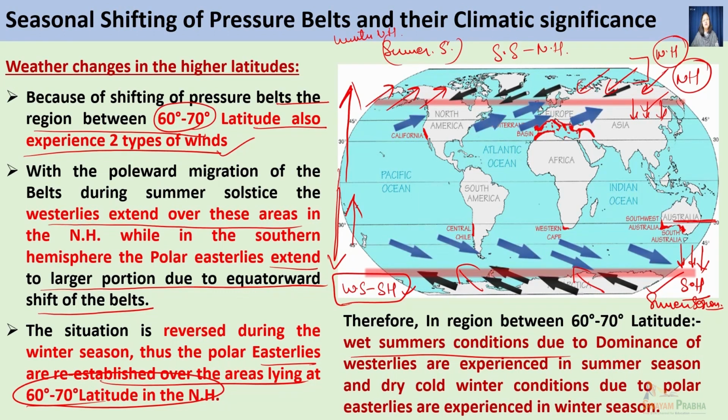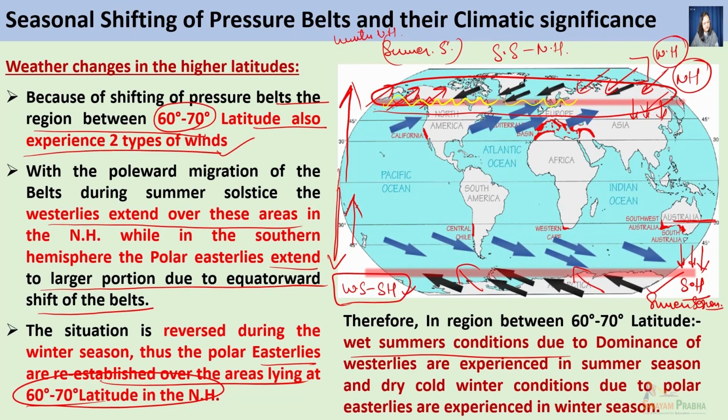Besides this, these areas also experience frontal activity because of the contrasting characteristics of the polar easterlies in comparison to the westerlies. So these regions of the world also experience the formation of fronts, which are formed because of the convergence of two contrasting air masses, that is the westerlies which come from the lower latitude and polar easterlies which are coming from very high cold latitudes in the polar regions.